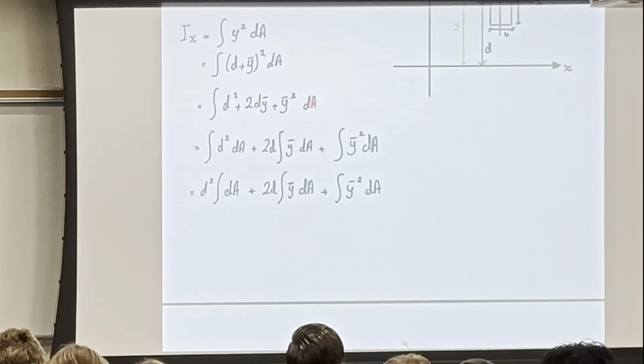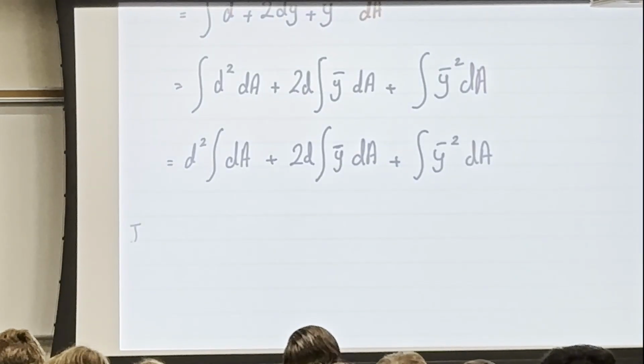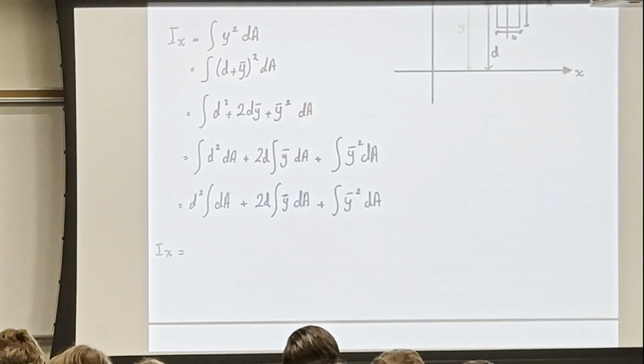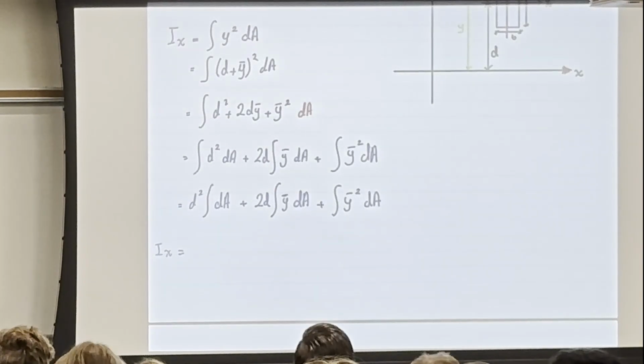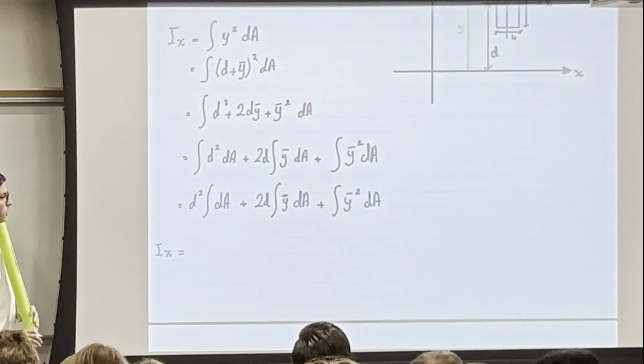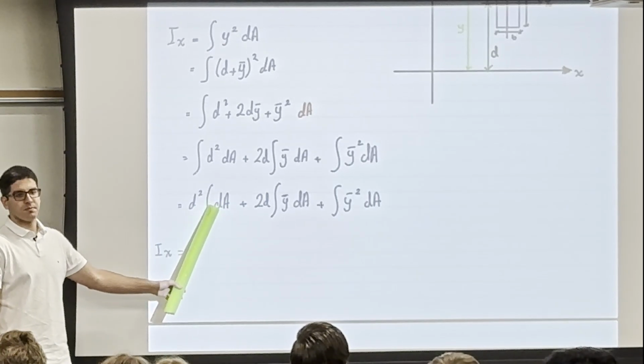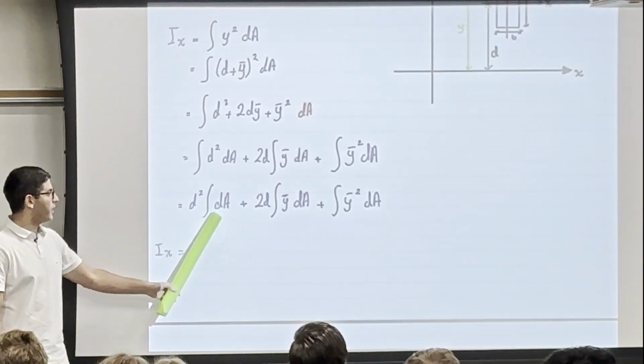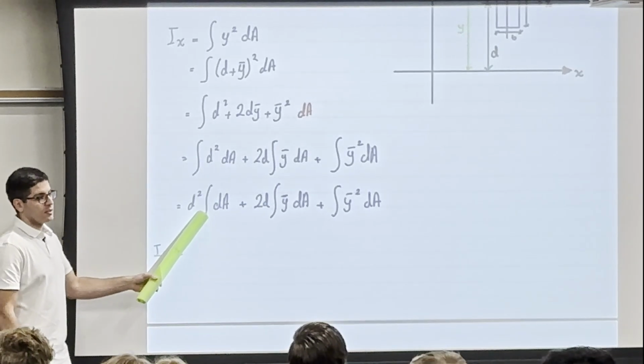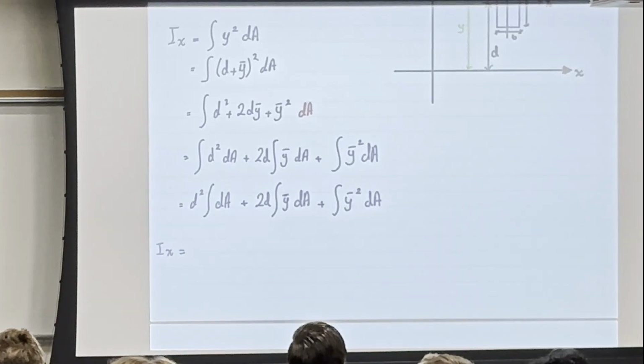Now I want you to tell me what Ix is equal to for this shape around the x-axis. Now tell me, what is the integration of 1 dA? A times what? D squared. So that's the first term.